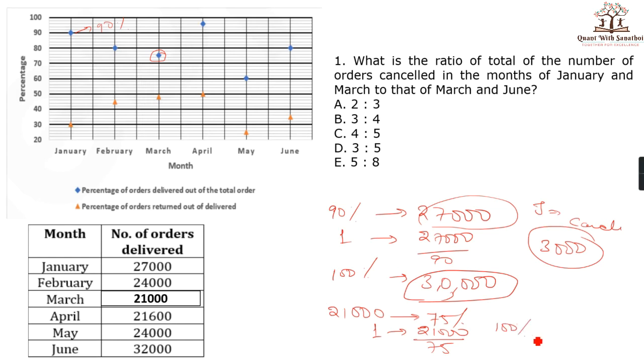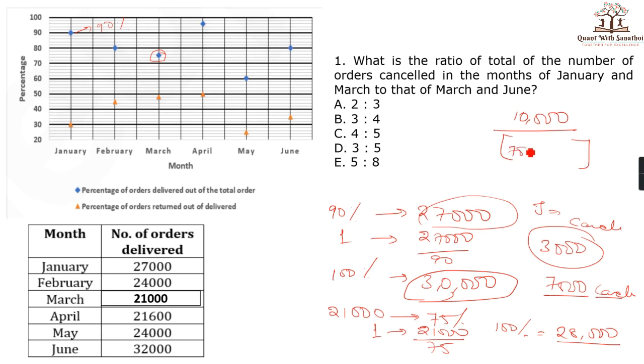Therefore 100% is equal to how much? 28,000. That means out of 28,000, 21,000 orders are delivered. That means the remaining is how much? 7,000. That is the cancelled order. So for the first part we have got 10,000. Now we need to find March and June.